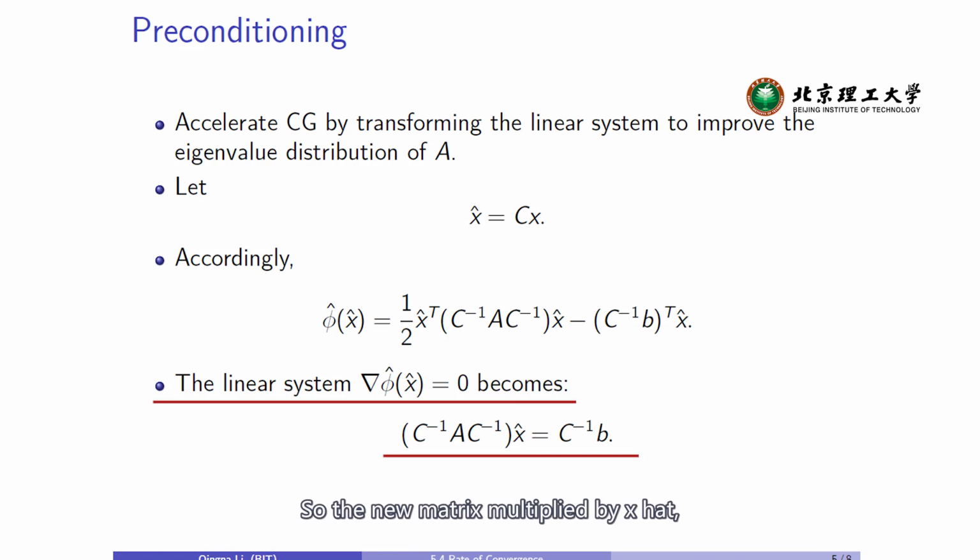So the new matrix multiplied by x hat, the new linear system equals the right-hand side. So this is the preconditioned version of the CG method. In other words, we apply CG to solve this linear system, and then we recover the vector x. So this is the idea of the preconditioned CG method.